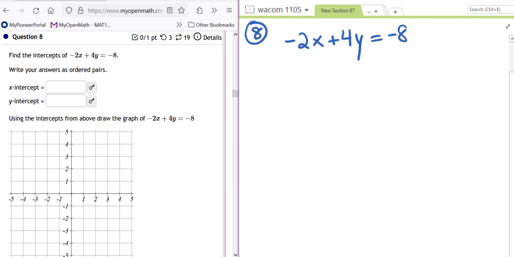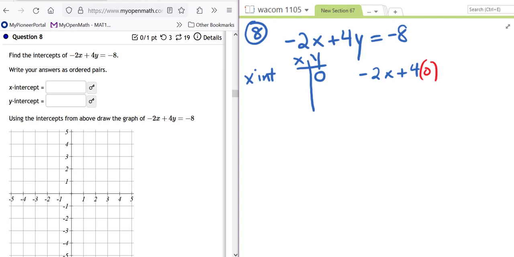And you can even do it as a little table, right? X-intercept is going to get 0 in the y spot. So we're going to plug 0 into y. So we have negative 2x plus 4 times 0 equals negative 8.